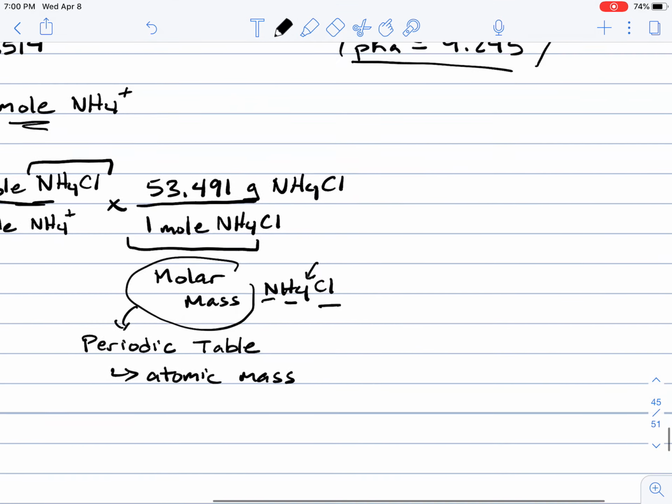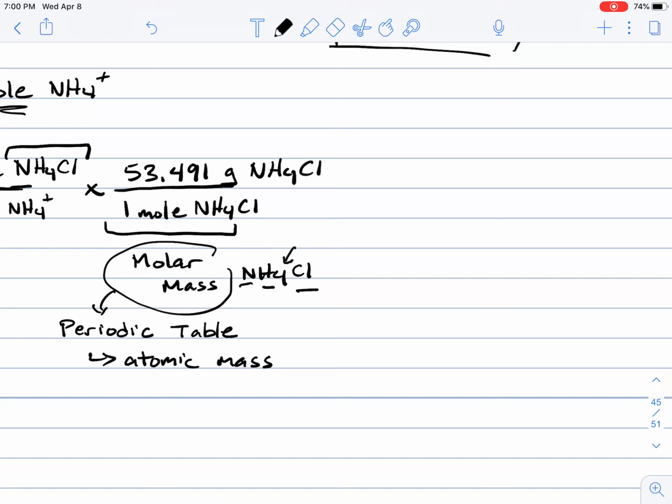And if you add all of them up, you get 53.491. I'm using 3 places after my decimal for precision. And so if I multiply everything and divide everything, I'm going to get 148 grams of ammonium chloride.